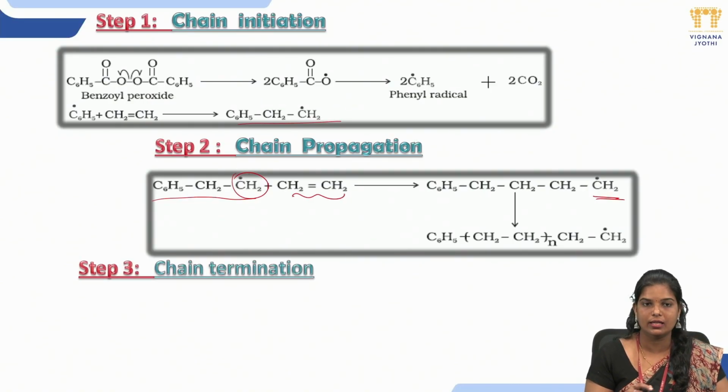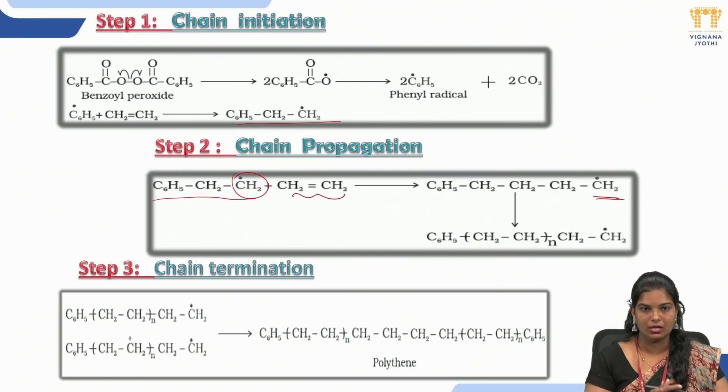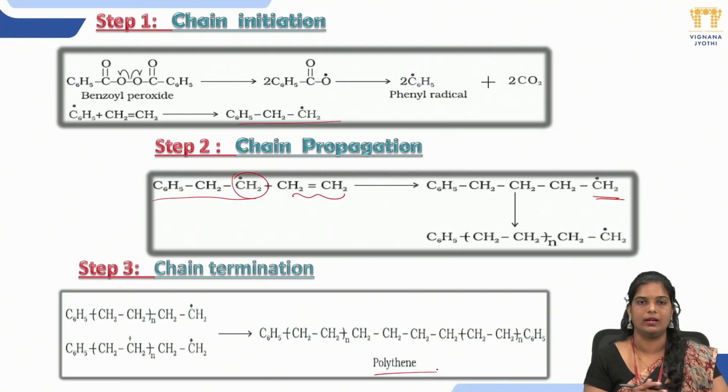At last we end the reaction by chain termination. How is it possible? Two radical chains couple together, and we get a straight chain of polyethylene. This is how polyethylene is formed by the polymerization reaction.